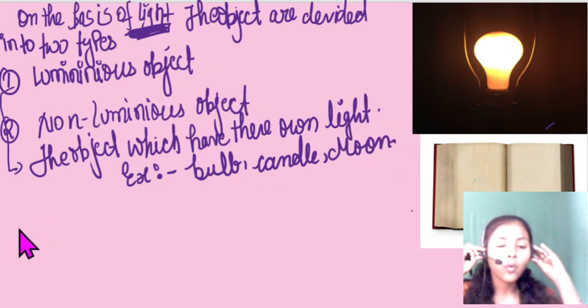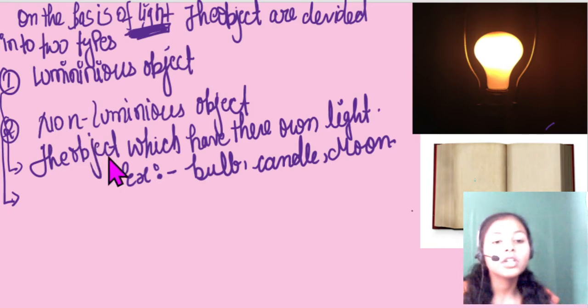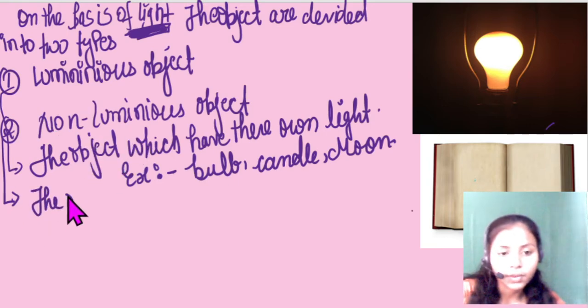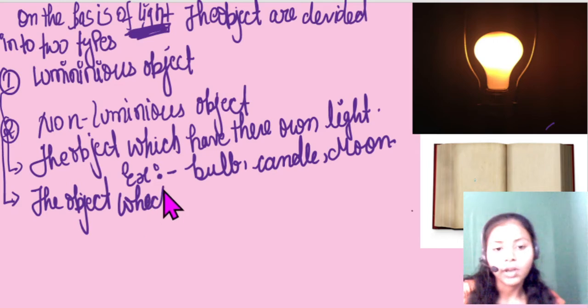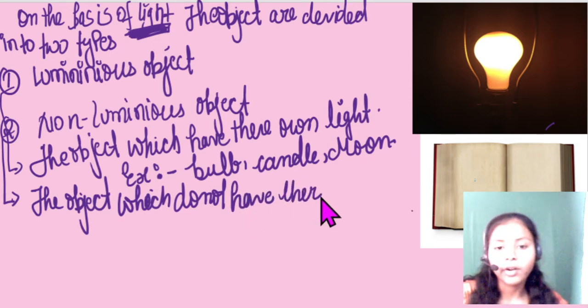So now we come to the next type, which is non-luminous object. What is a non-luminous object? The object which does not have its own light.